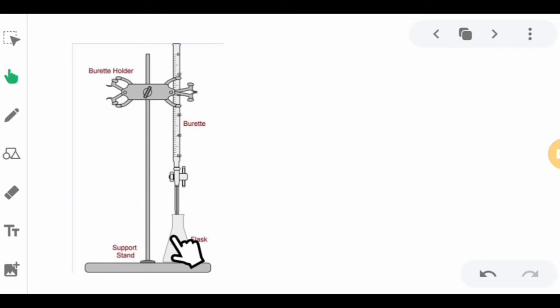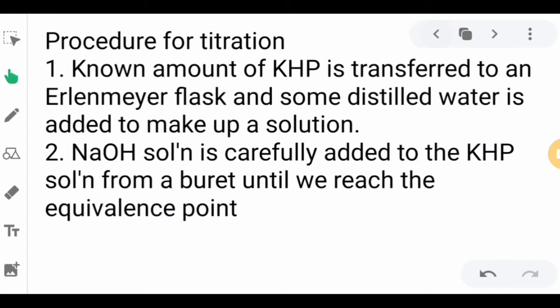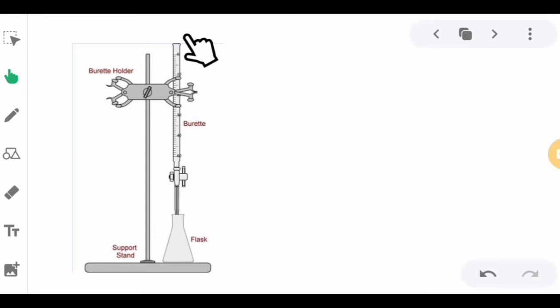This is the Erlenmeyer flask. You add the KHP and then some distilled water. Then you add sodium hydroxide solution carefully and gradually to the KHP solution from a burette until we reach the equivalence point.